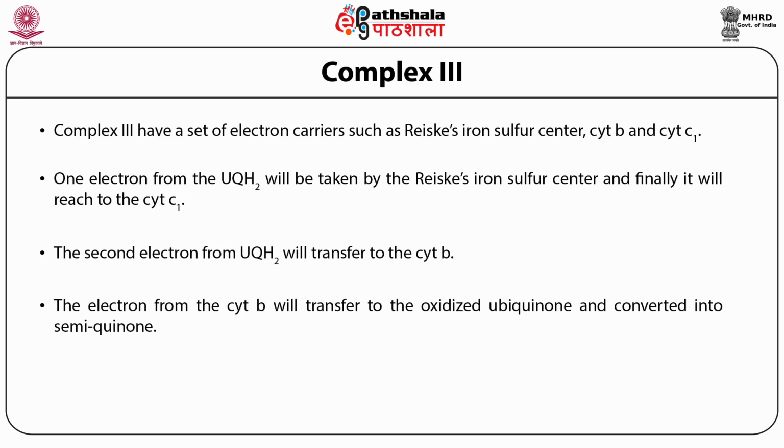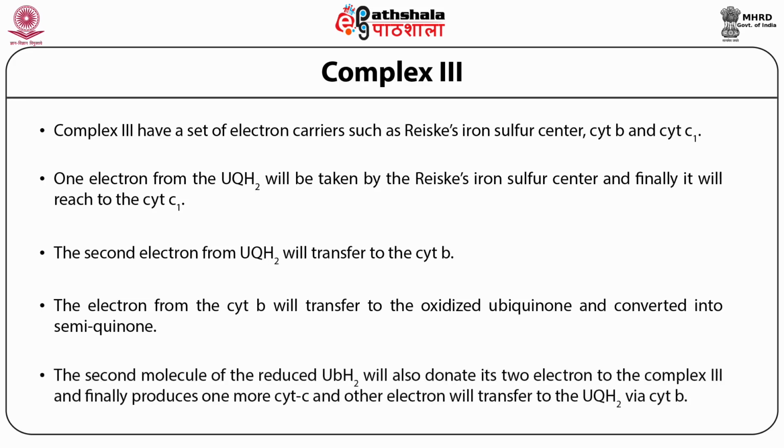During the utilization of the second molecule of reduced ubiquinone, we again produce one more cytochrome c molecule, and the semiquinone is finally converted into reduced ubiquinone.